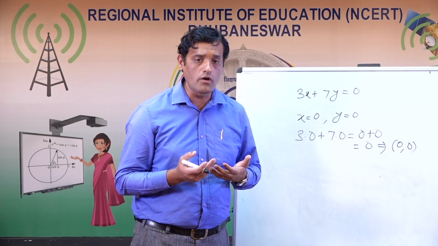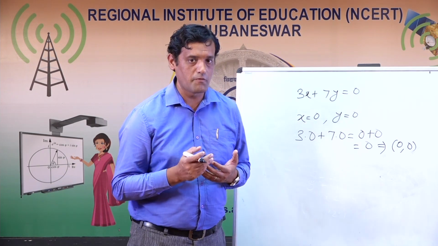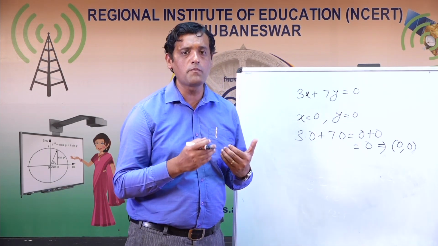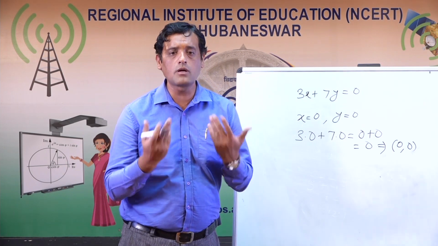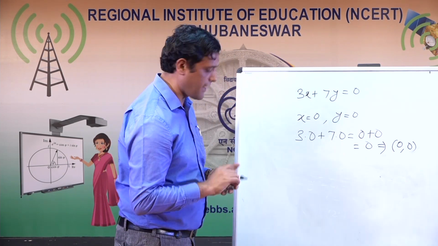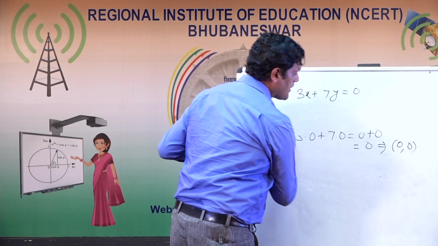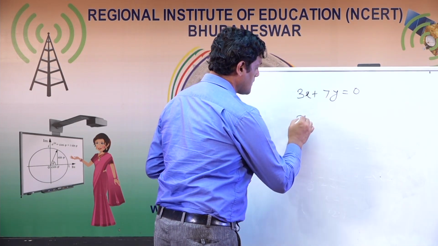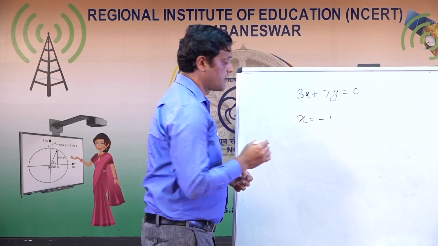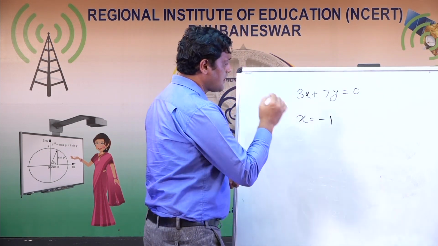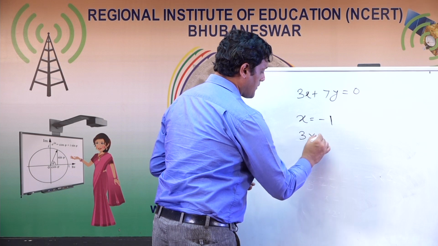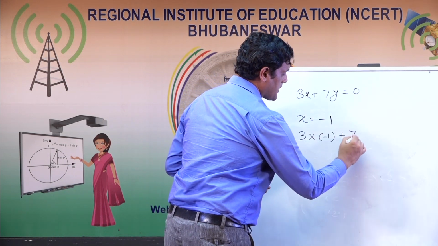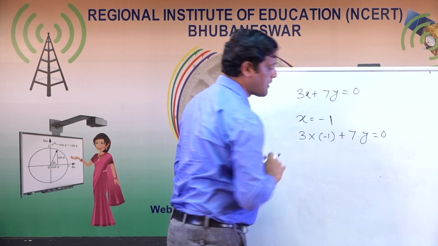Then how to find it? We have another way. We can simply put x equal to something or y equal to something. So let us try. Suppose x equal to -1. So x equal to -1 means that 3 into -1 plus 7 into y equal to 0.